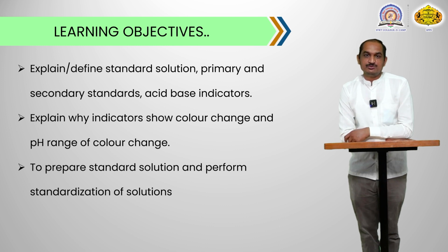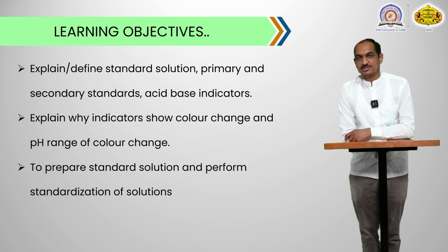The next objective of today's session is for the student to understand how to prepare the standard solutions and perform the standardization of solution. How to standardize the solution we learn in today's session.